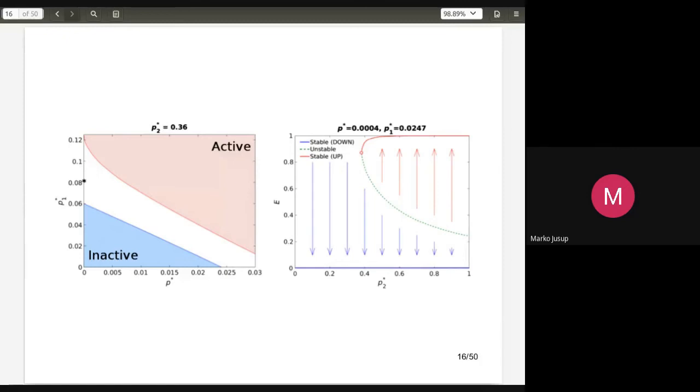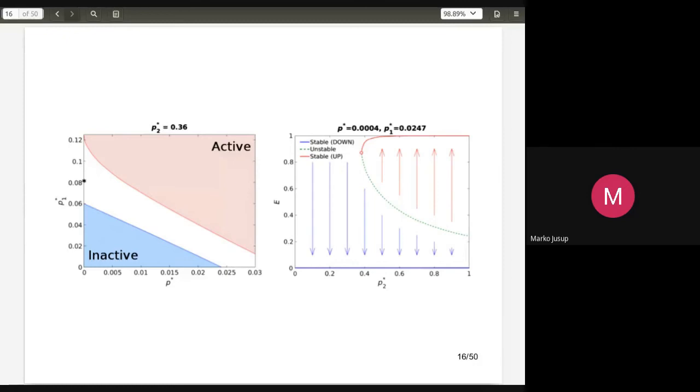The y-axis is the probability of activation if there is one active neighbor, and then we fix the third parameter, the probability of activation if there's more than one active neighbor. When we look in this phase plane, we can see that there are essentially two distinct phases.